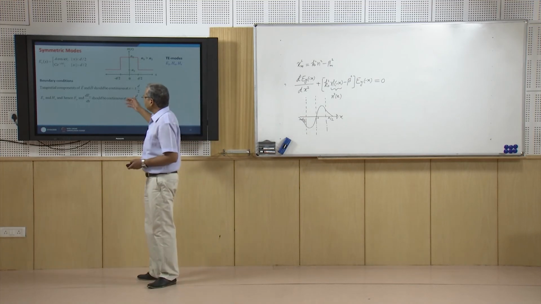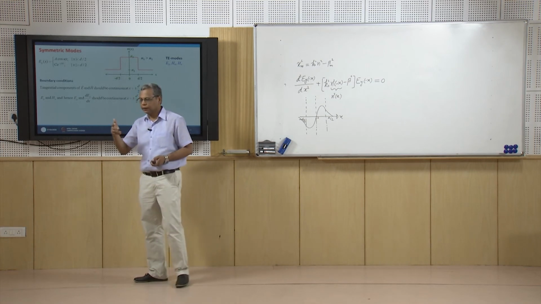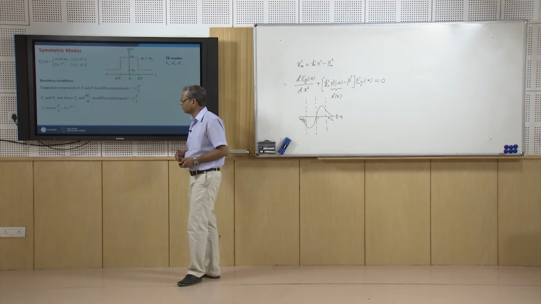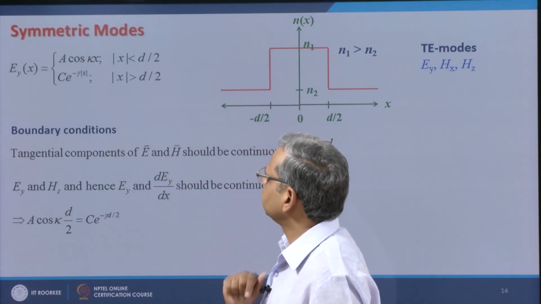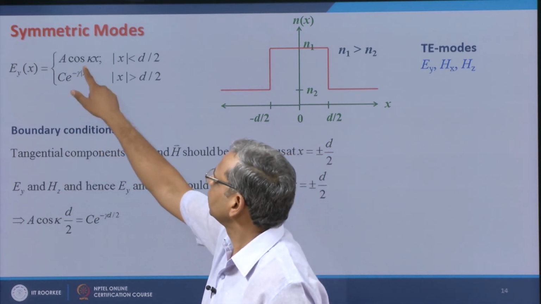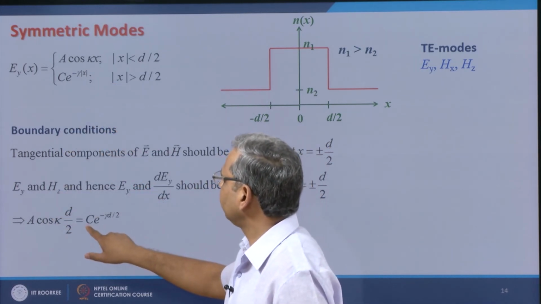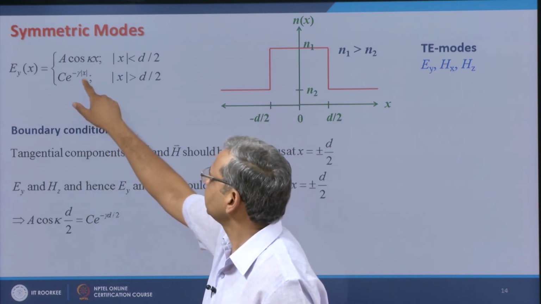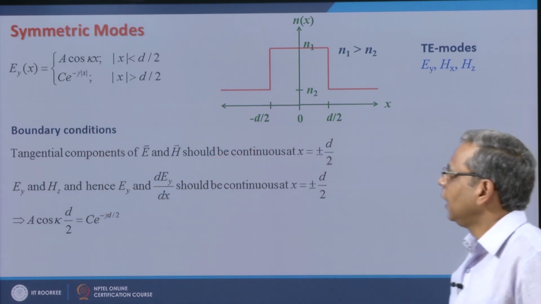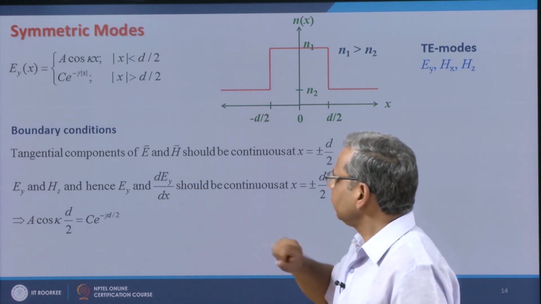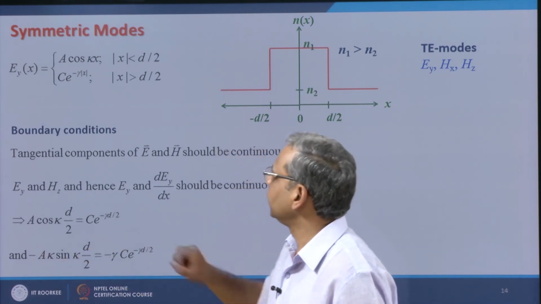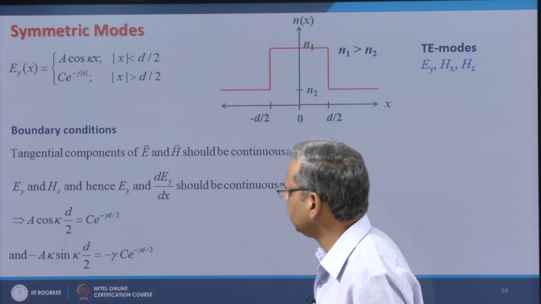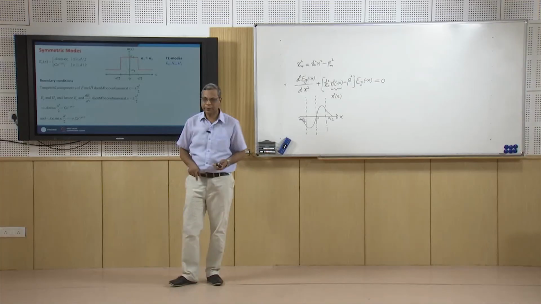So, let me apply these boundary conditions. Let me do it for x is equal to plus d by 2, the same would be obtained for x is equal to minus d by 2. So, Ey should be continuous at x is equal to plus d by 2, which means a cos(kappa d by 2) should be equal to c e to the power minus gamma d by 2. And then for derivative dEy over dx, I will get minus a kappa sin(kappa d by 2) is equal to minus gamma c e to the power minus gamma d by 2.